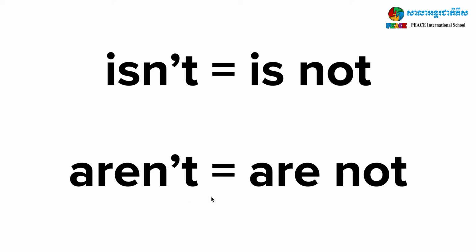Aren't is the same as are not. We use this for plural words, more than one. If there's only one thing, we use is not, or isn't. If there's more than one, plural, we use aren't, are not, or positive are.